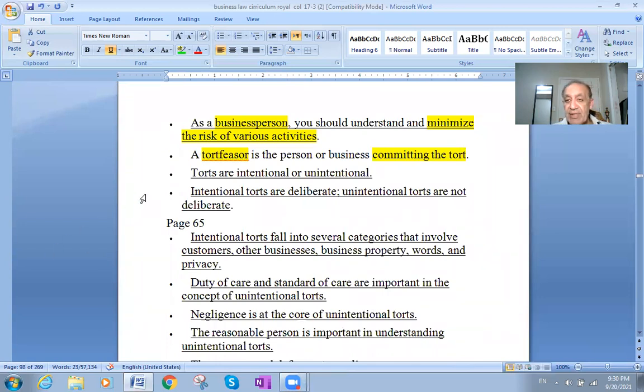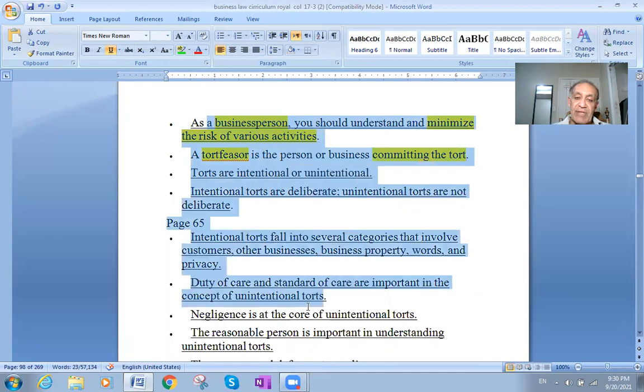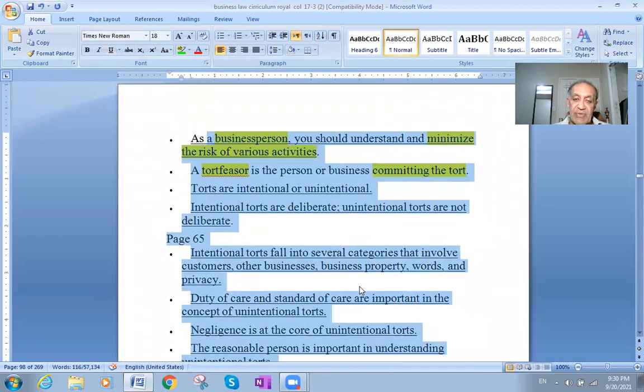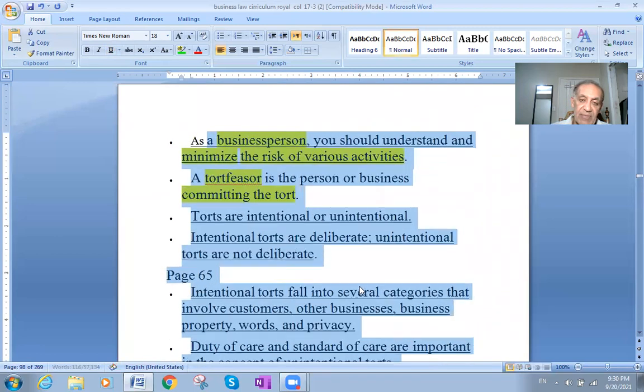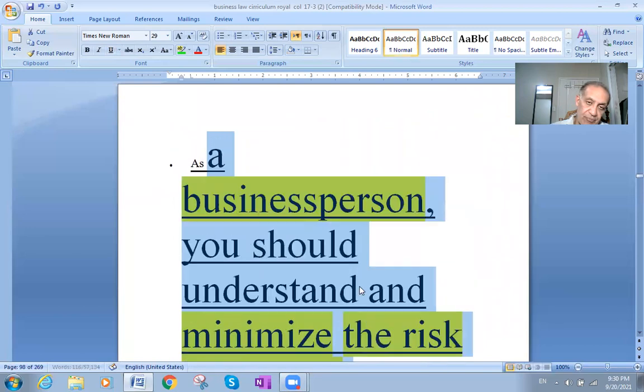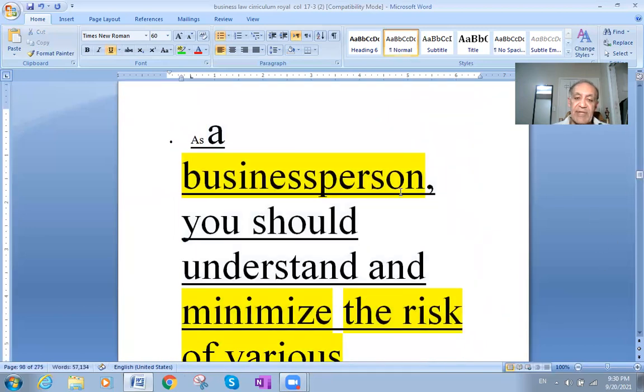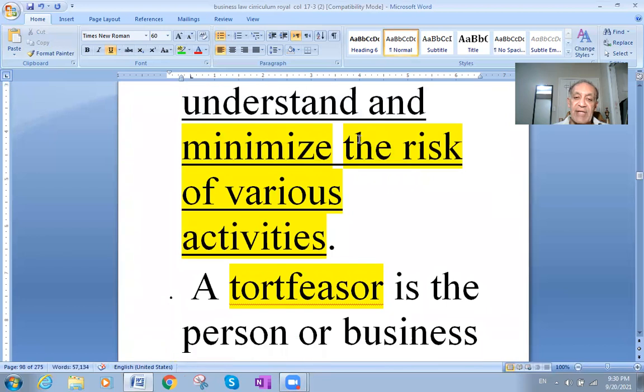Always when we deal with risk, as a business person, you should understand and minimize the risk of various activities.